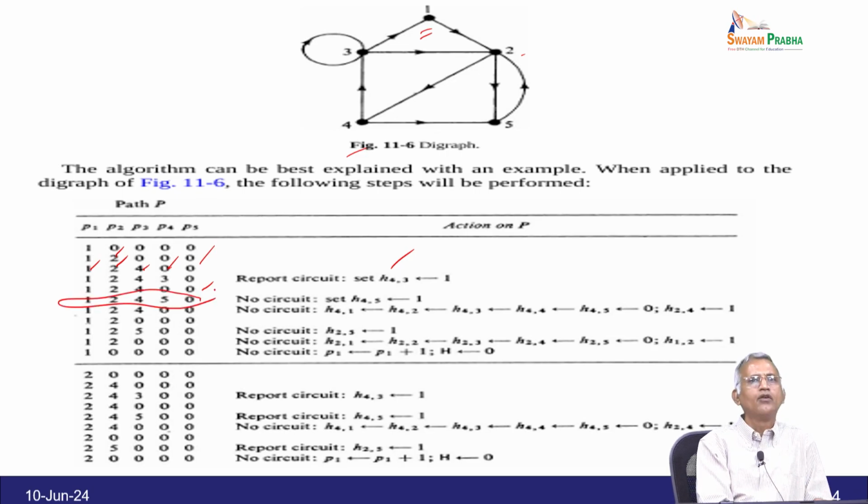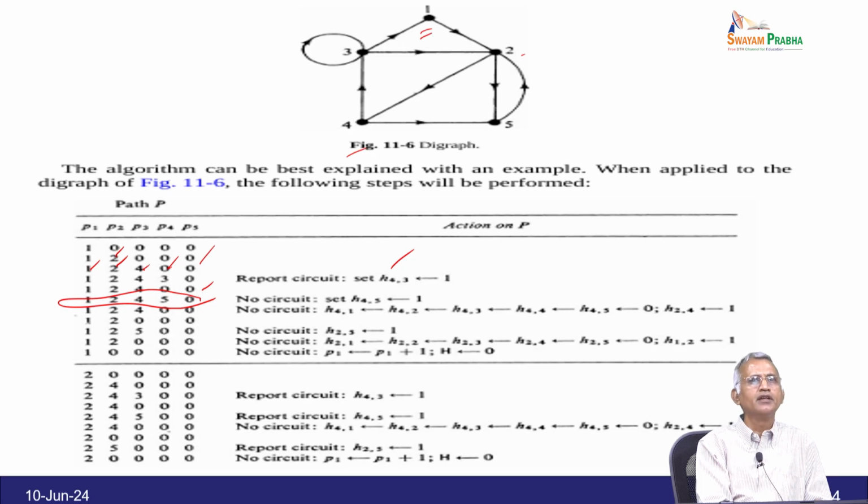Okay. So, 1 to 2: 1 path, 2 paths; 1 to 2, 2 to 4, 2 paths; then 1 to 2, 2 to 4, 4 to 5, and then we have another way: 1 to 2, 2 to 4, 4 to 5, 5 to 2 and 2 to 4.